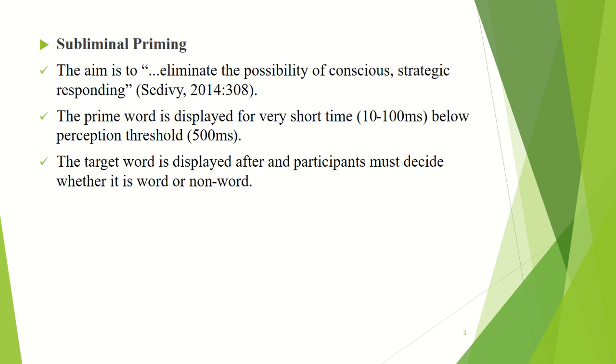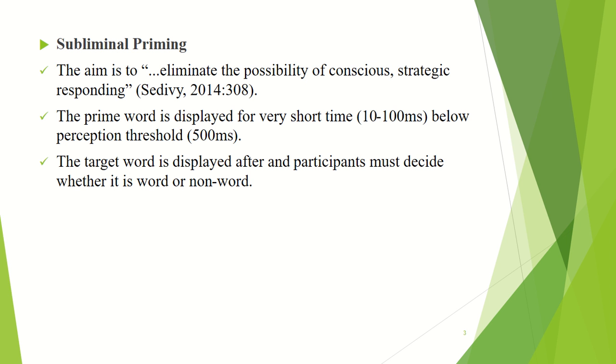For example, something between 10 and 100 milliseconds. And then the target word is displayed after, and participants must decide whether the shown word has been a word or non-word.